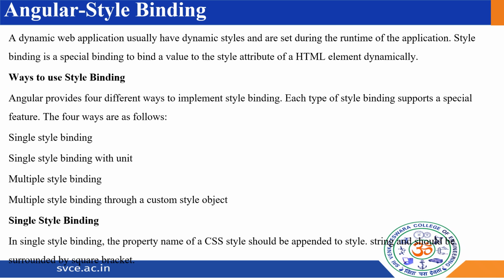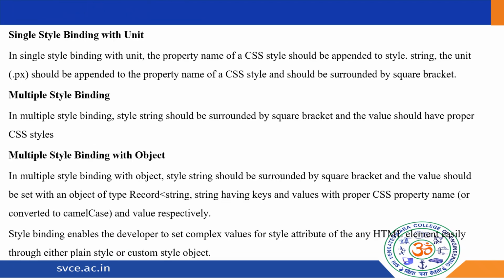The first one is single style binding. Here the property name of a CSS style should be applied to the style string and should be surrounded by the square brackets. For style binding with unit, the property name of a CSS style should be appended to the style string, and the unit should be appended to the property name and surrounded by the square brackets.